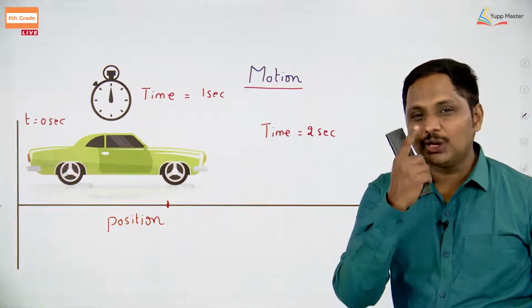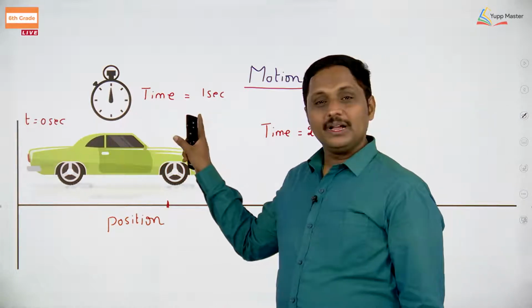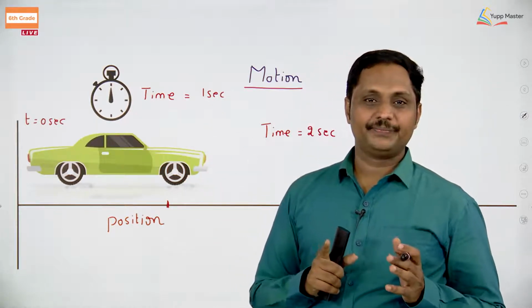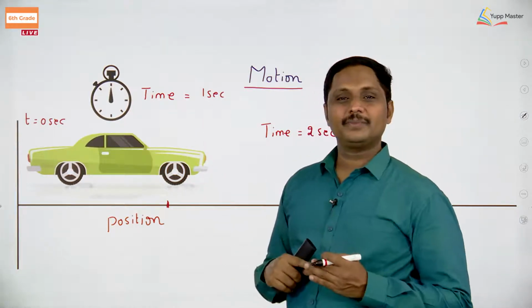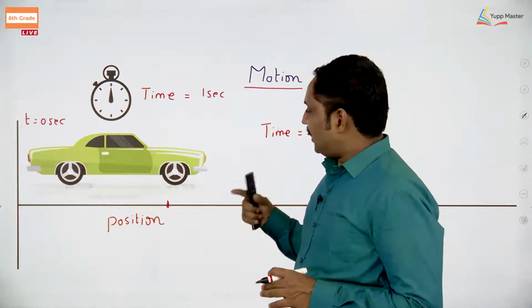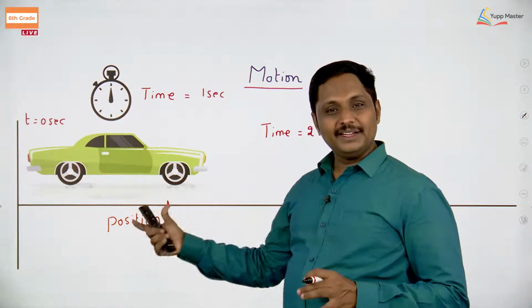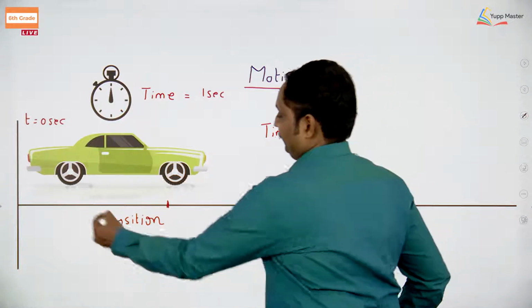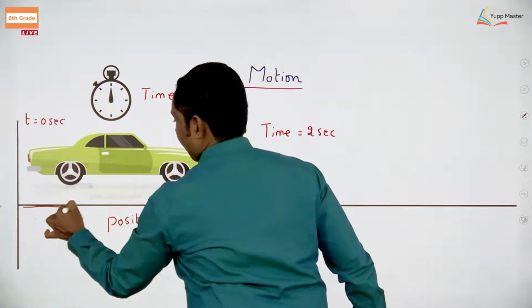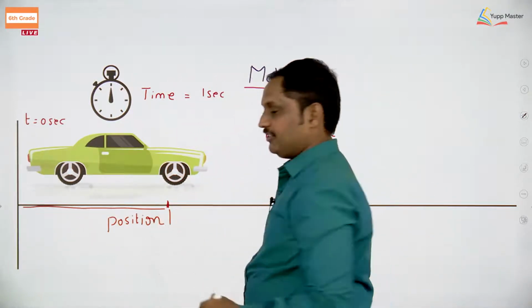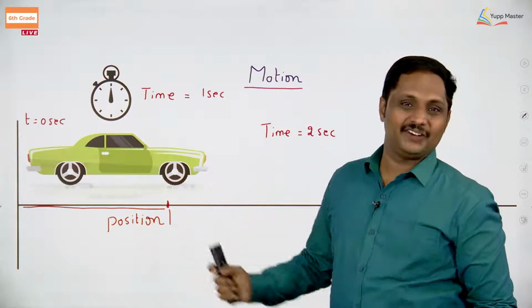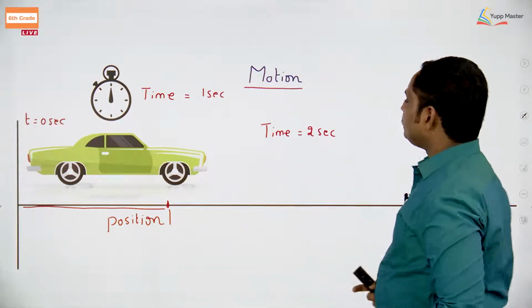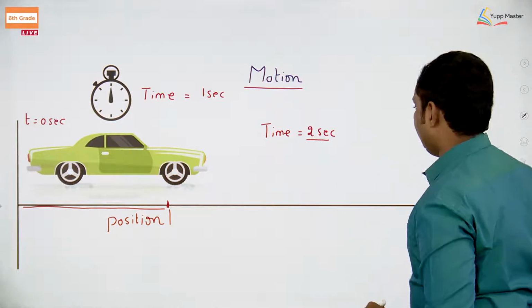Just you have to confirm, I am going to measure the time. At the same time, you are going to identify the distance covered. Do you know how to measure that length? It is nothing but distance covered. So, we will take the time 2 seconds.